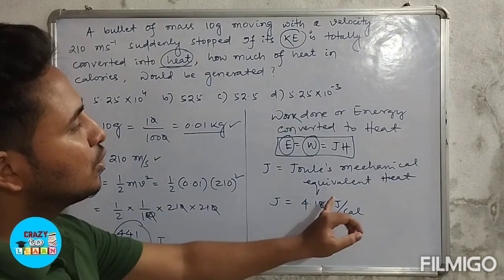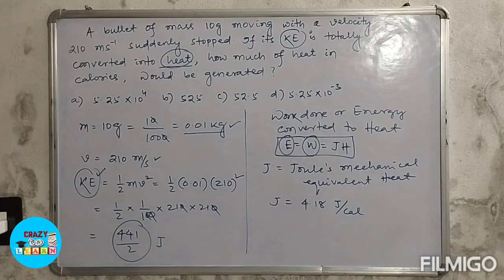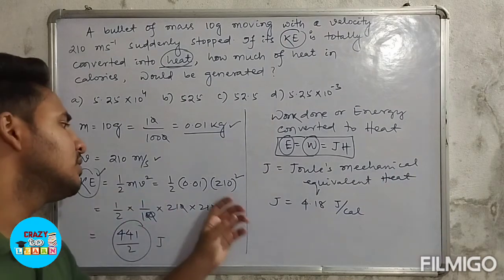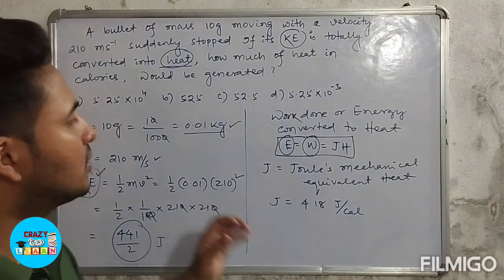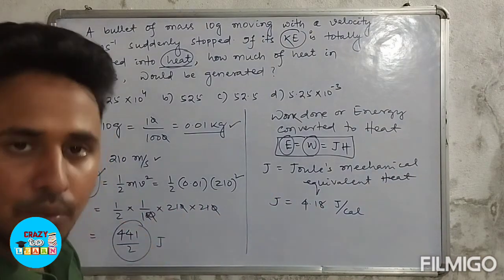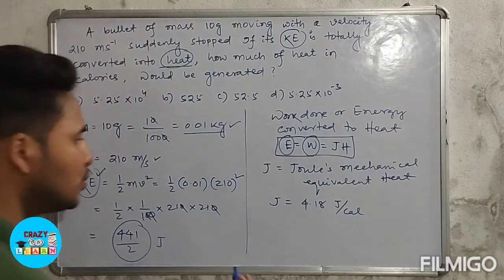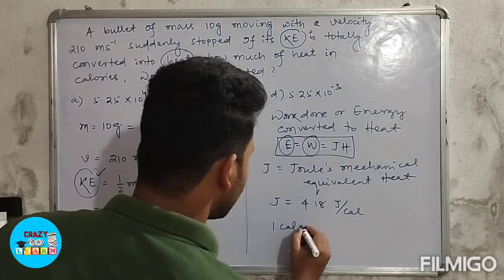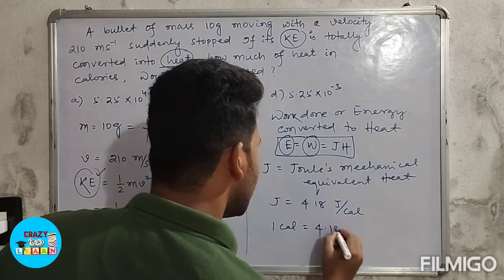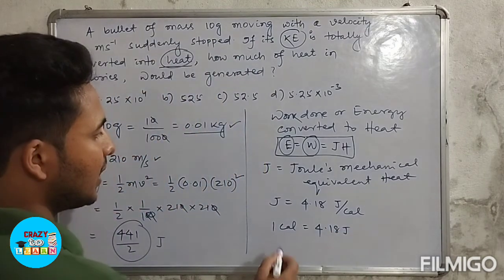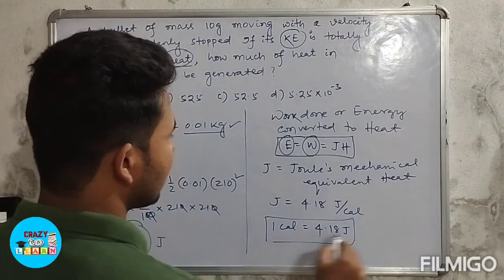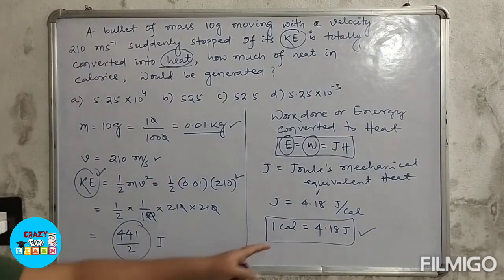This constant value is equal to 4.18 joule per calorie. You will say, sir, how did we get the J value equal to 4.18 joule per calorie? Because we know 1 calorie is equal to 4.18 joule. From there we get the J constant value. And what is 1 calorie?